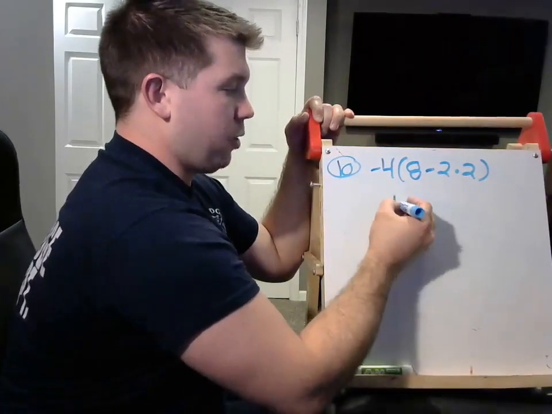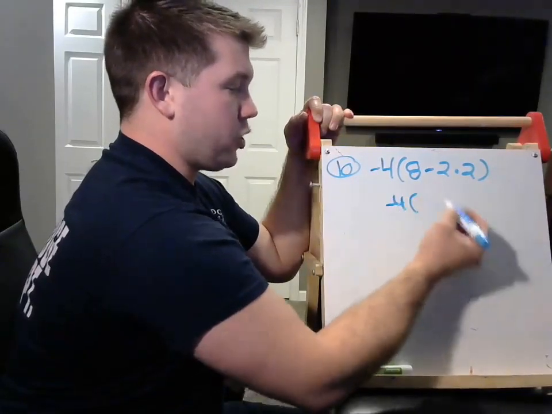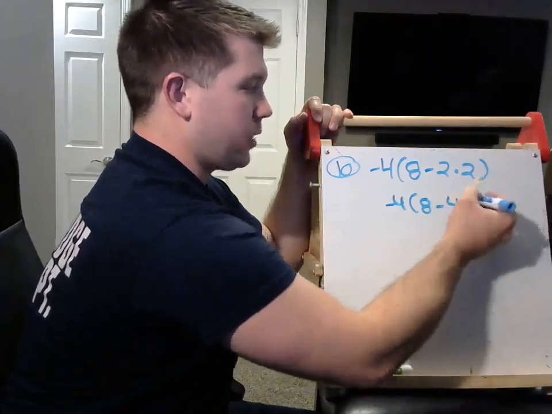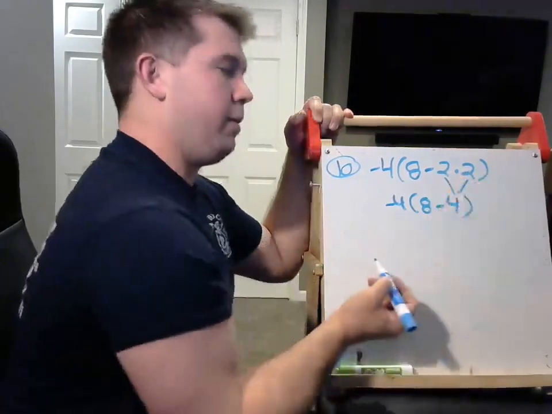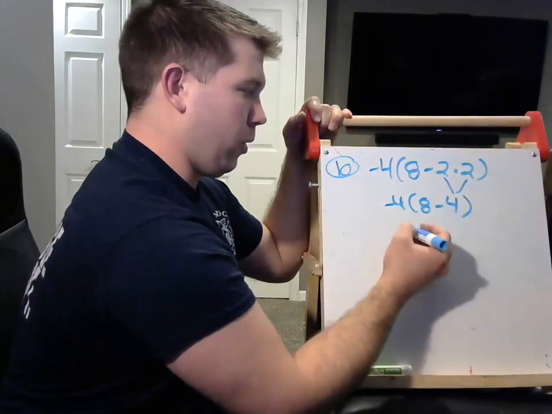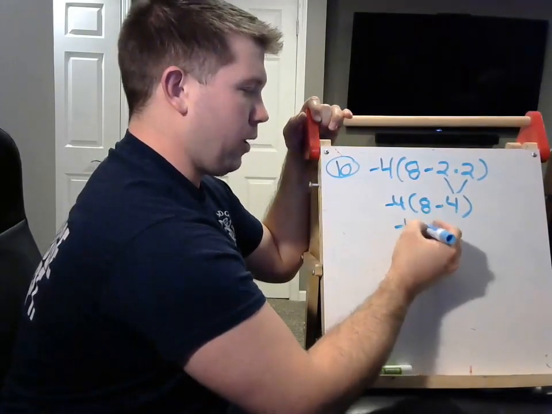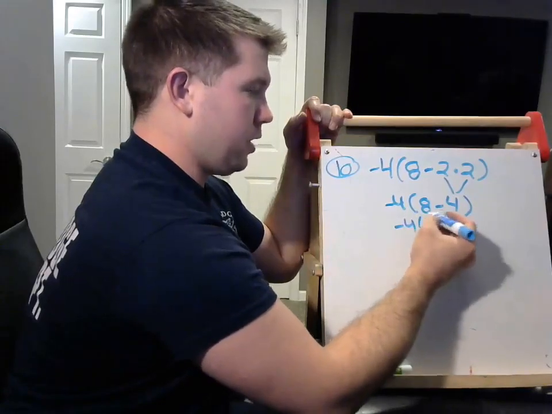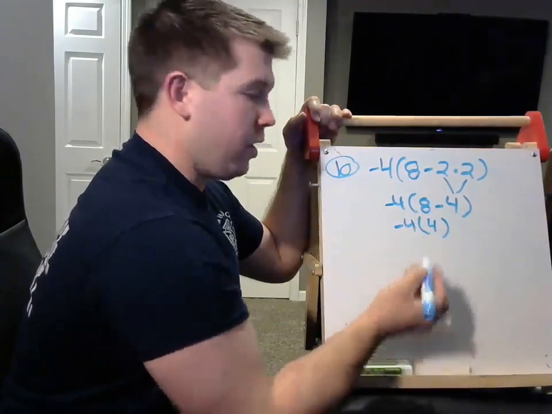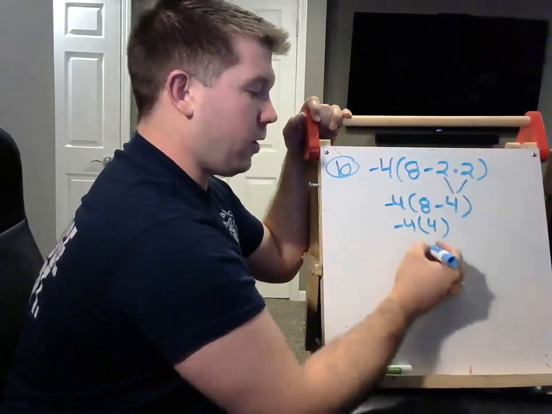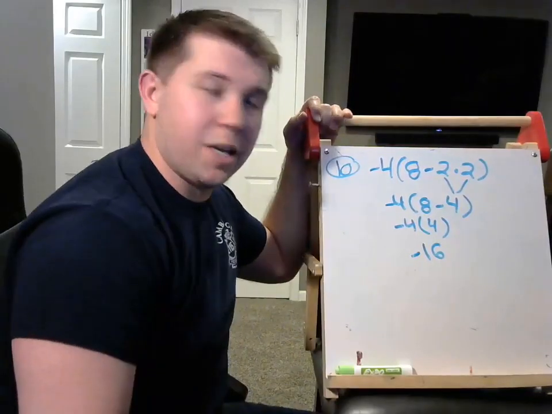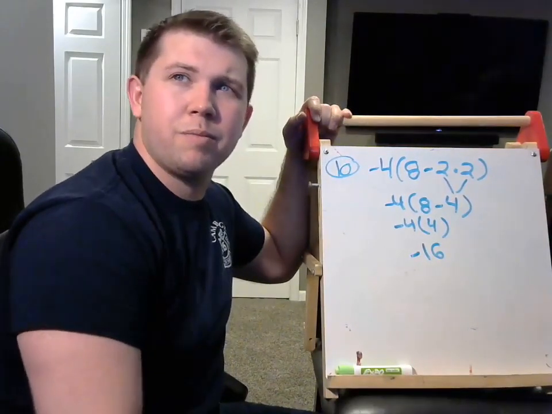So I have to multiply first because that's order of operations. So 8 minus 2 times 2, which is 4. I did that first. Now I'm going to do what I can in the parentheses again, which is 8 minus 4. So I have a -4, and I'm multiplying this by 8 minus 4, which is 4. So I'm just reducing this down. 4 times 4 is 16, and a negative times a positive is a negative. So that's how I wind up getting the negative 16.